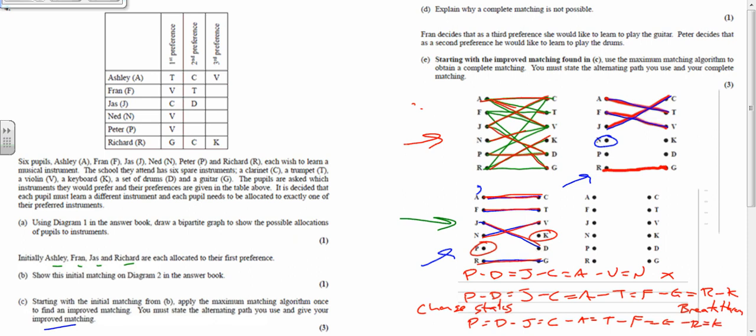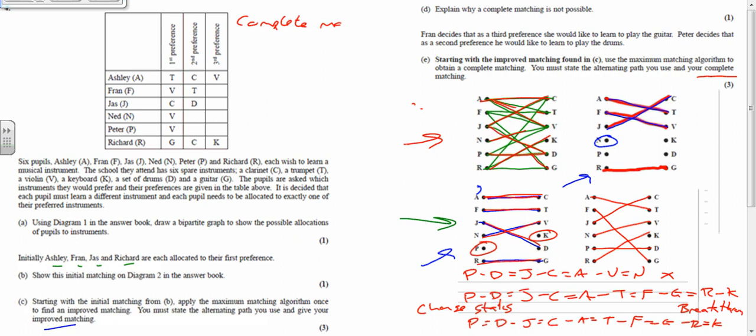So let's draw those on. P going to D, J going to C, A going to T, F going to G, and R going to K, because we didn't touch N to V. And that's it. So we've now got to write our complete matching again. Make sure you write your complete matching.